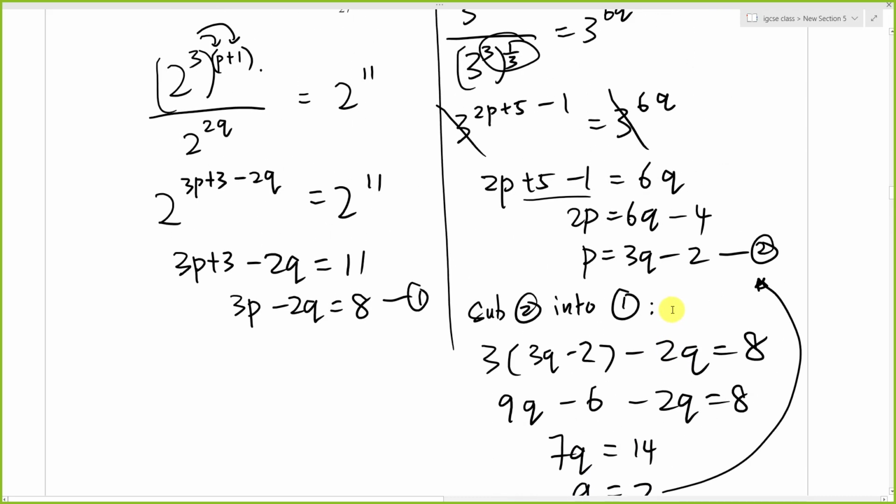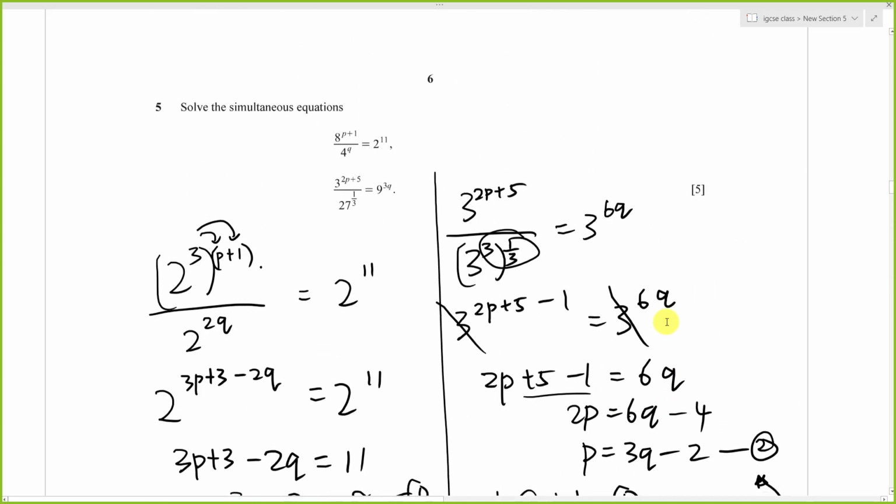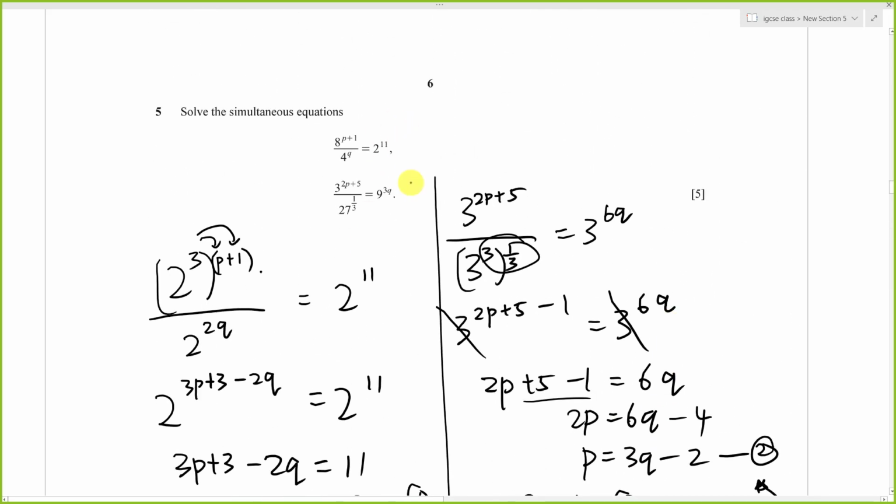You can always double check by substituting back into the equation. Choose any equation you like and check whether it makes sense or not. So like p is 4, q is 2, right? Let's try sub into the first equation. I sub into here. So this is 8 to the power of 4 plus 1, which is 5, then this is 4 to the power of q, which is 2.